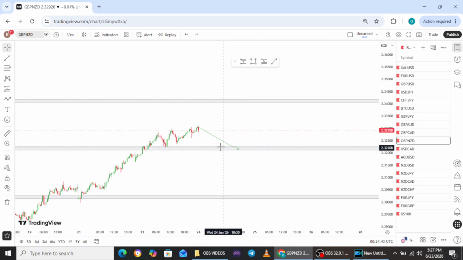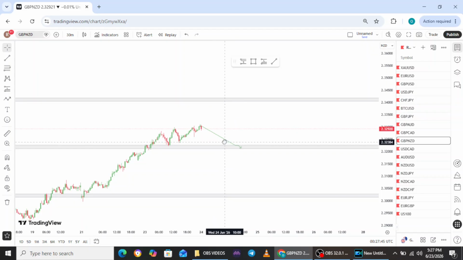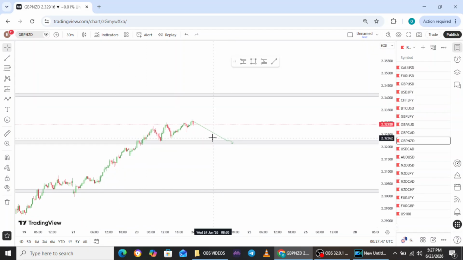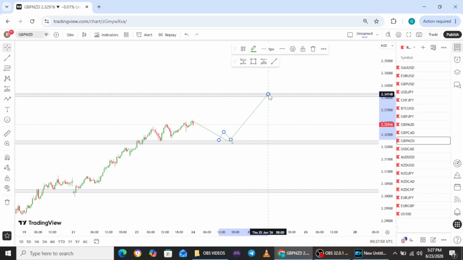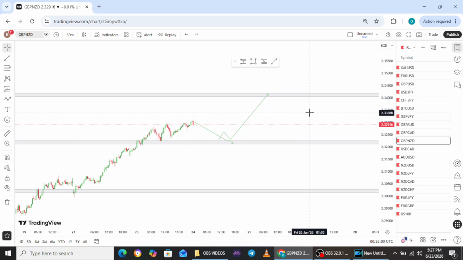I'll look for a break from this level, retest, into the upside. So this is what I'll be expecting the market to do, to retrace back to this structure. Then I'll enter to the upside. That is the only place I can take a trade.